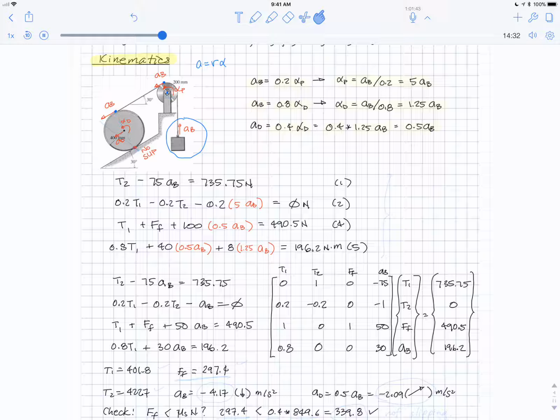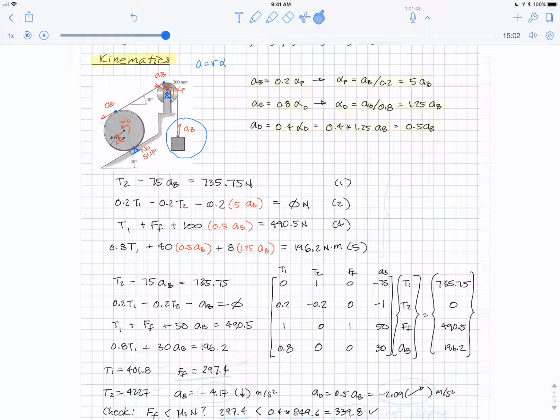Now, because I assume no slip, we have to check that later, this wheel is spinning about the bottom where it's touching the ground. To make it more apparent, I'm going to draw a little pin there. So, there you go. That disc is spinning about the bottom, not about its center.